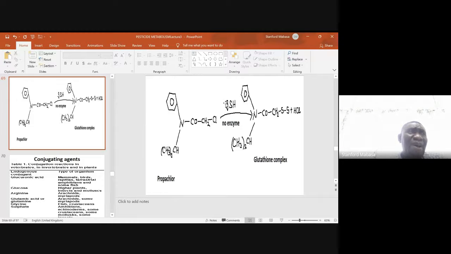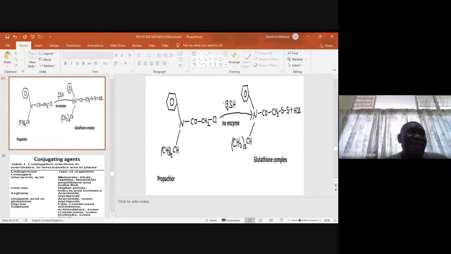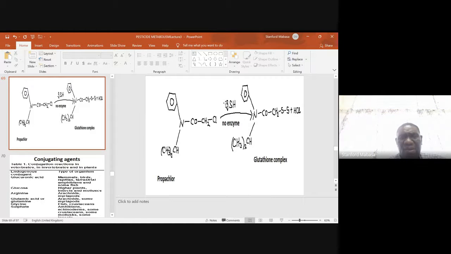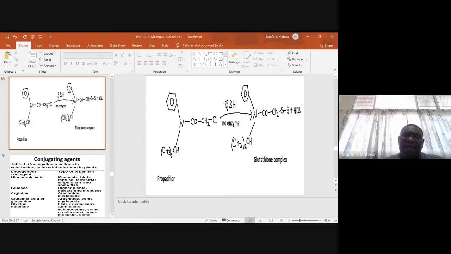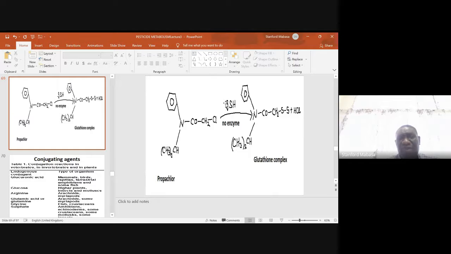Either it can combine with those pesticides carrying chlorine or iodine, or it can combine with those insecticides which are in the organophosphate groups. So there are various pesticides which can combine with glutathione.